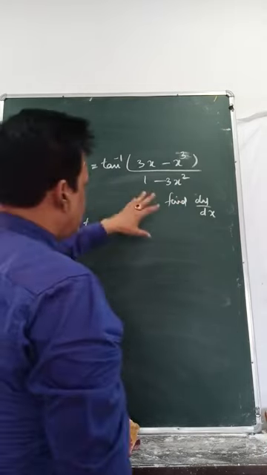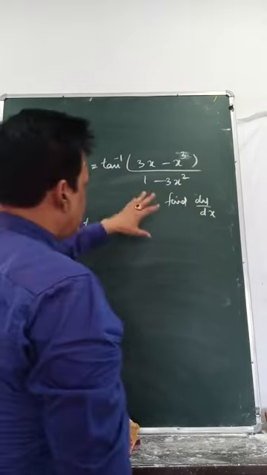It's similar, so I can put x equals tan theta. Then theta will be tan inverse x.